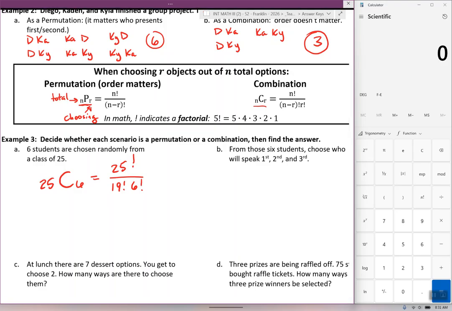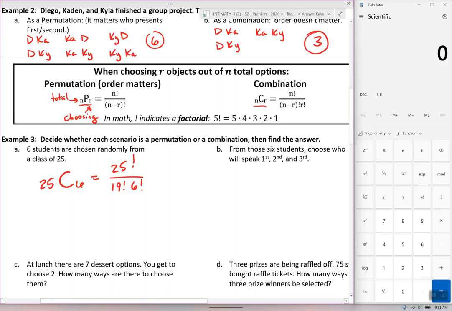So to actually calculate this, what we can do is simplify it a little bit. 25 factorial is 25 times 24 times 23 and so on, right? 19 factorial is the same way. So what's going to happen is the 19, 18, 17, and so on is all going to cancel out from up there.